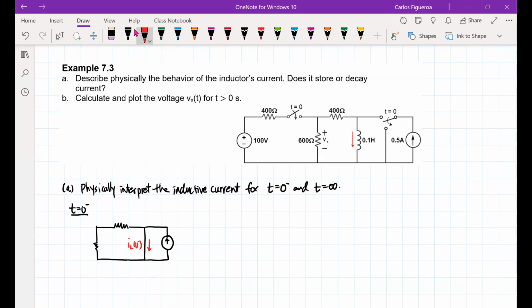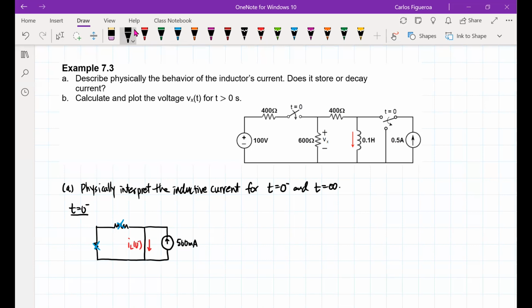You can see that the current of the inductor shorts out, so it kills this guy and that guy. So it sees the full source here. In this case, this is 500 milliamps.